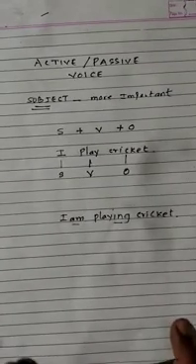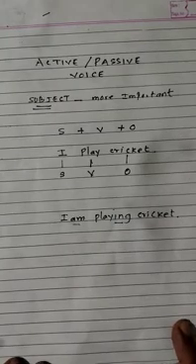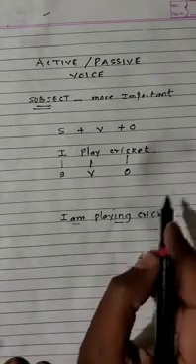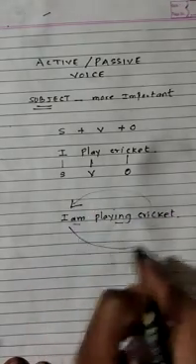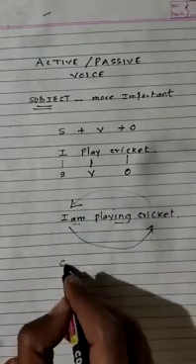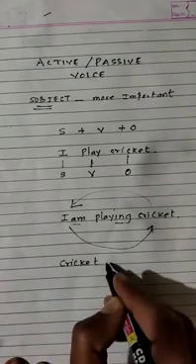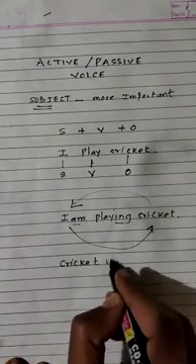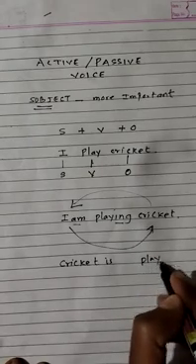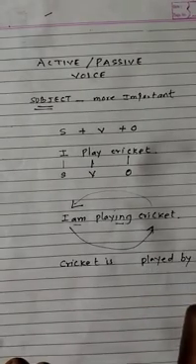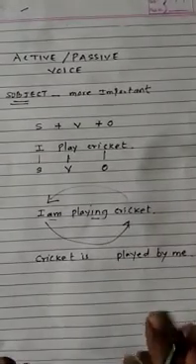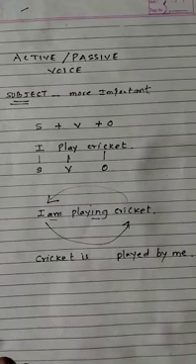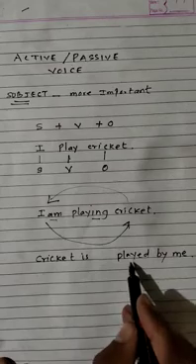Now when we change this sentence into passive voice, the tense should remain the same. So first thing we will do, we will change the object and the subject. So it will become cricket is played by me. Now we have to make the sentence into present continuous tense, but we always use third form of verb, that is played.